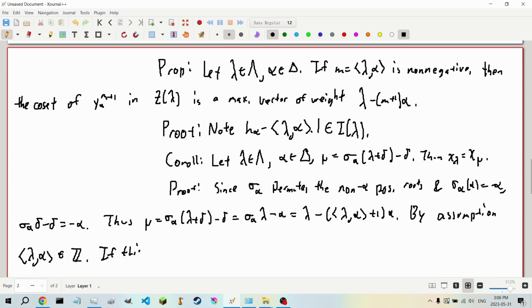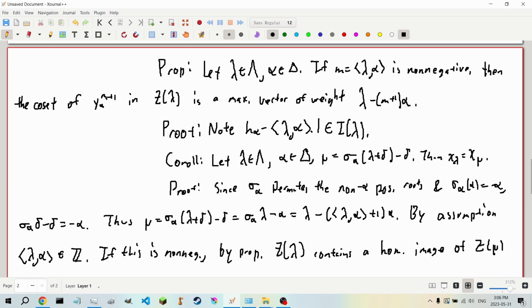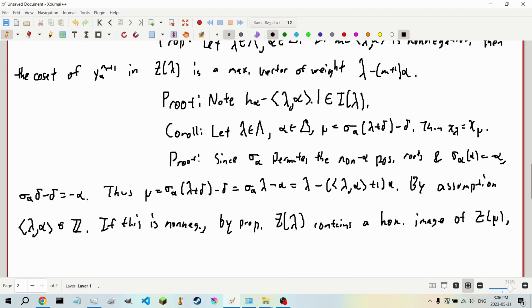If this is non-negative, by our previous proposition, Z lambda contains a homomorphic image of Z mu, which would give that chi lambda is chi mu.